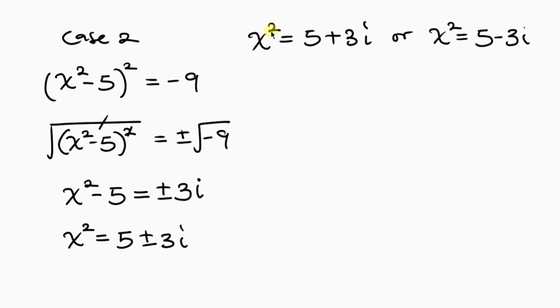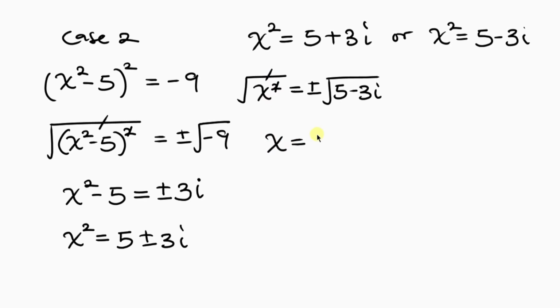Now to get the value of x from this first case, we have to get rid of this square by taking the square root of both sides. So I'll take the square root of x², which means plus or minus the square root of the right hand side. Now notice that this square root cancels out the square, leaving behind x to be equal to plus or minus the square root of 5 plus 3i.